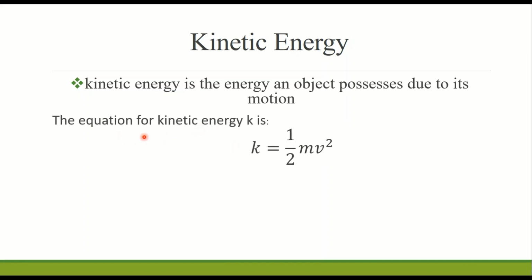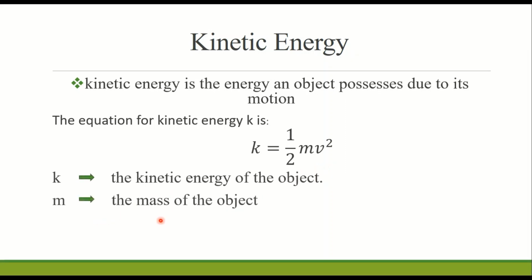In simple terms, the equation for kinetic energy is 1/2 times m times v squared. Here, K is the kinetic energy of the object, m represents the mass of the object, and v is the velocity of the object. The equation reveals that kinetic energy is directly proportional to both the mass and the square of the velocity of the object.